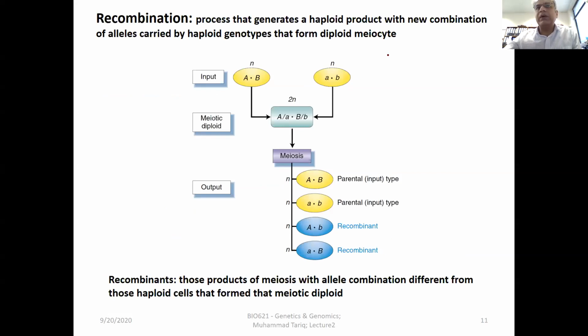I would like you to answer a question, which I write here. You have to submit this by next lecture. So you have used, let's say, in fruit flies, two traits.